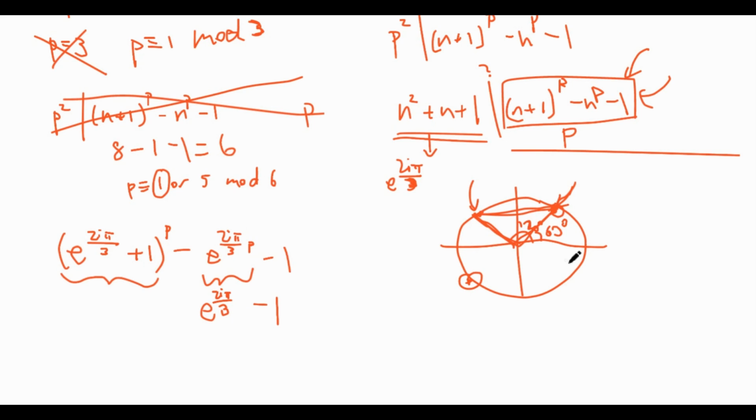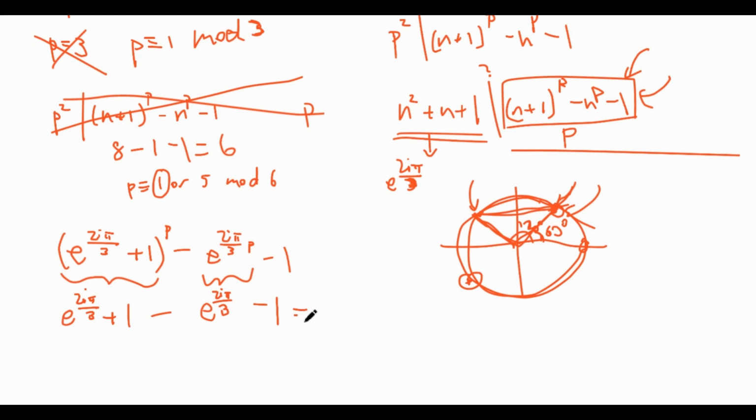In particular, this means that we're going to go around the circle, complete circles, and then 1 extra, because this is 60 degrees, and going around 6 times goes back to normal. So once we go around 6 times an integer number of times plus an extra 1 time, we're back to this position. So this thing is just equal to e to the 2i pi over 3 plus 1, and we subtract this.